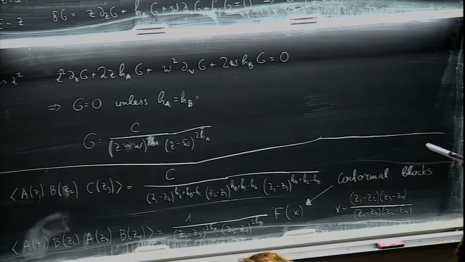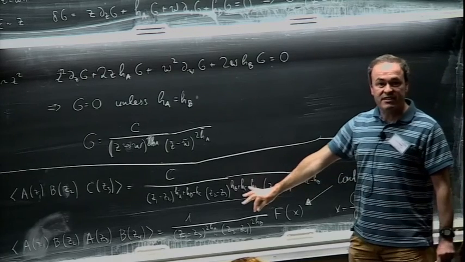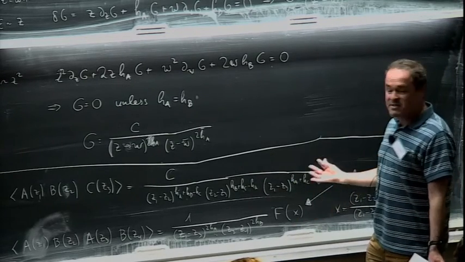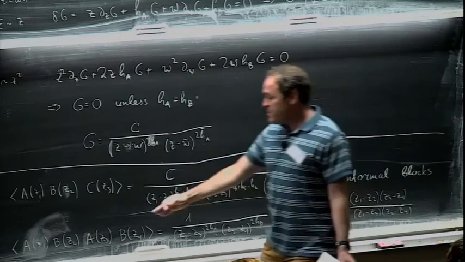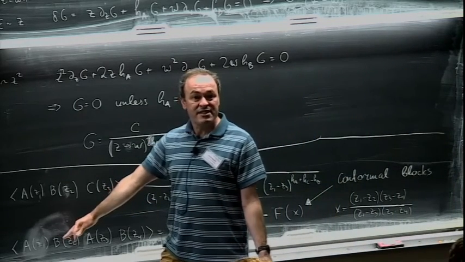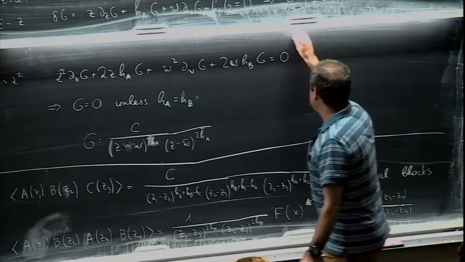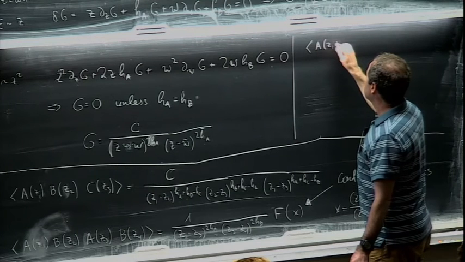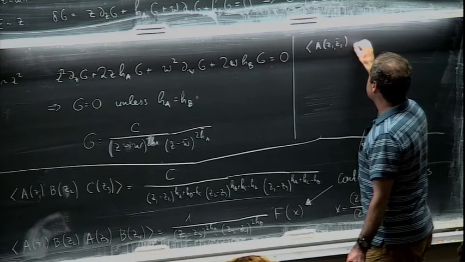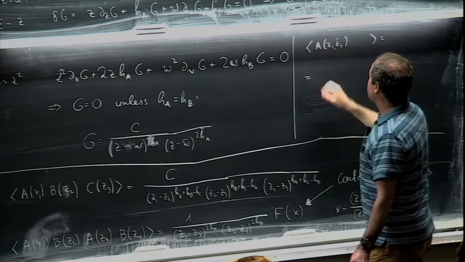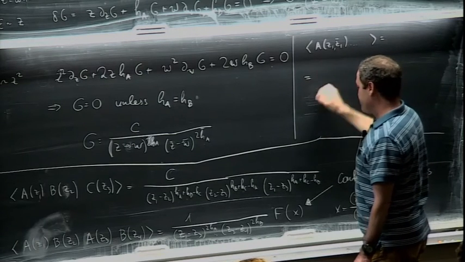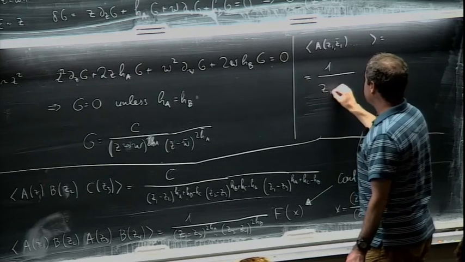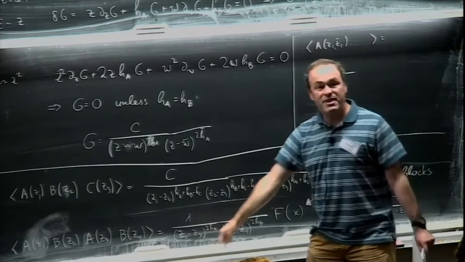OK, so now let me add one more piece of information. So this only concerns the holomorphic sector. In reality, even if you have some statistical model, these objects will depend not only on z's, but also on z bars. And so it's possible then to compute the correlation function of these combined objects in the following way as 1 over, let me use the notation z13, which is a shorthand for z1 minus z3.